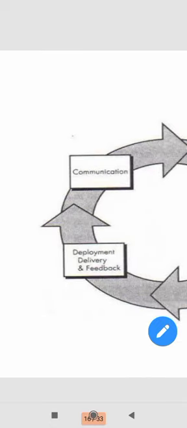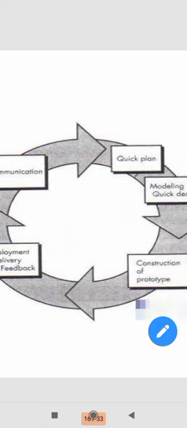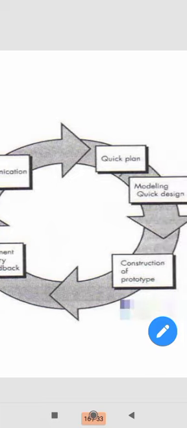And after that, deployment, delivery and feedback. I am providing reviews on how I have done. Please give some ratings and reviews. For example, Zomato. The food has been prepared by the person and he is asking for ratings or reviews. What is the use of those ratings and reviews?